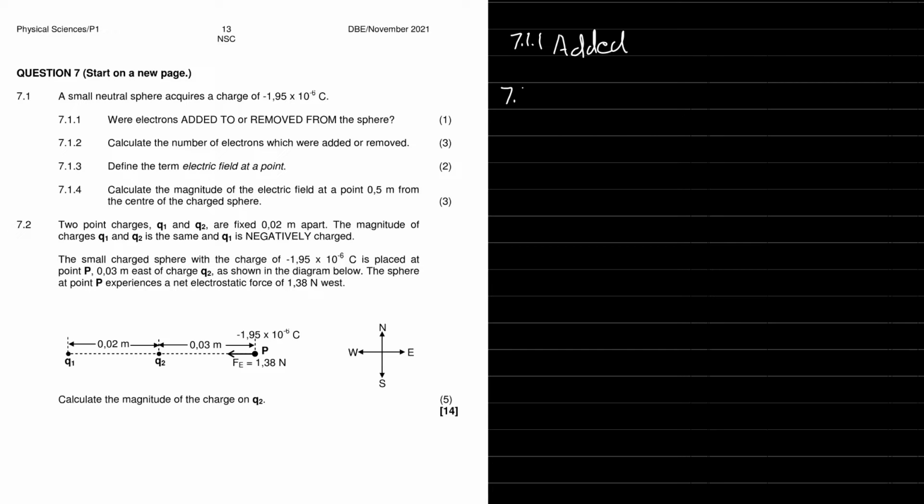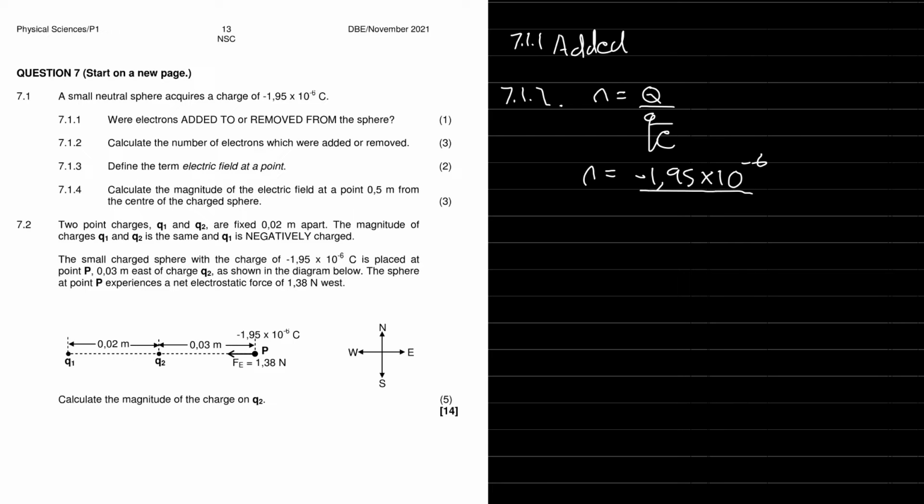Now we need to calculate the number of electrons which were added or removed. That's very simply, we're going to use the equation n is equal to charge divided by the charge of an electron. We don't have to do anything funny because it went from 0 to negative 1.95, so that new charge will be how much we added in. So substitute our values.